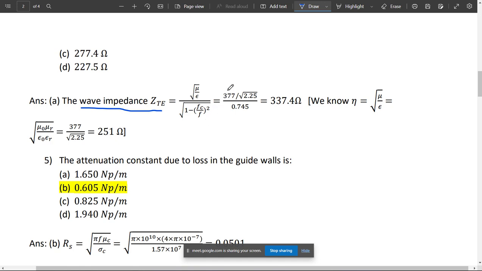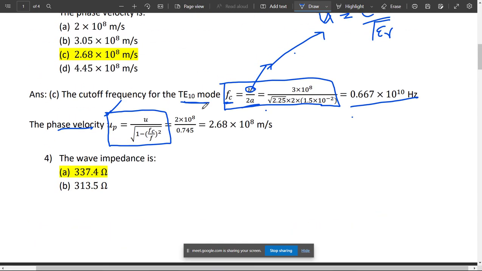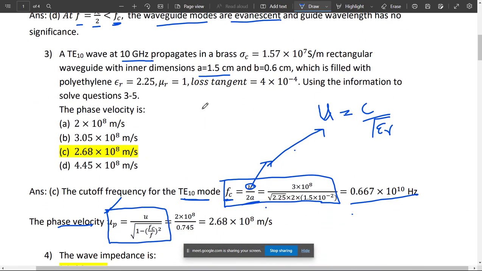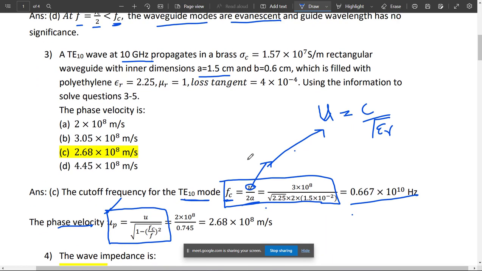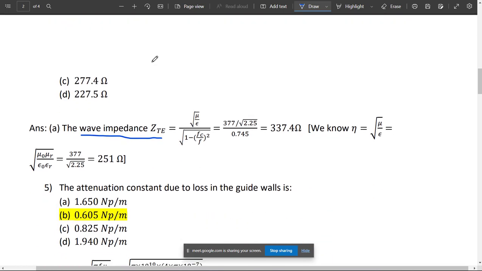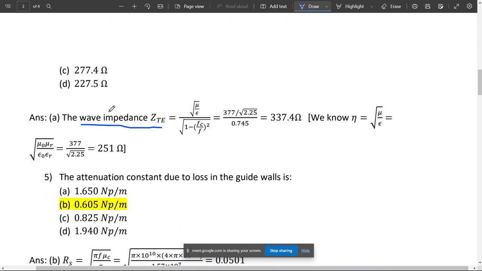Okay, so we know under root mu by epsilon, right? We will put fc, we know f, right? We have already found out fc from here. We have found out f. We'll put it in the formula and we will get the wave impedance.